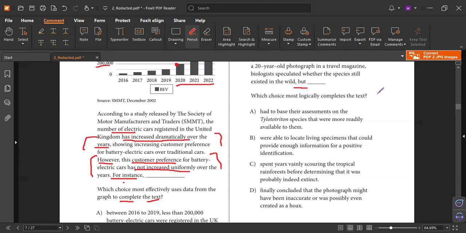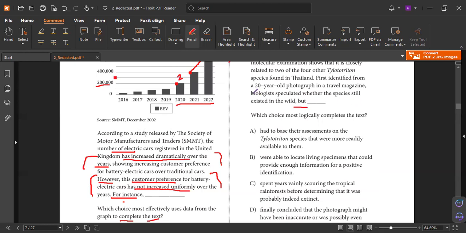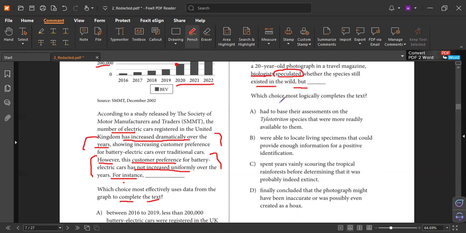Letter D, but I think here he mentioned biologists speculated, they guessed, they were thinking, but not evident, whether the species still existed in the wild or not. But, so we need something related as mentioned in the text.